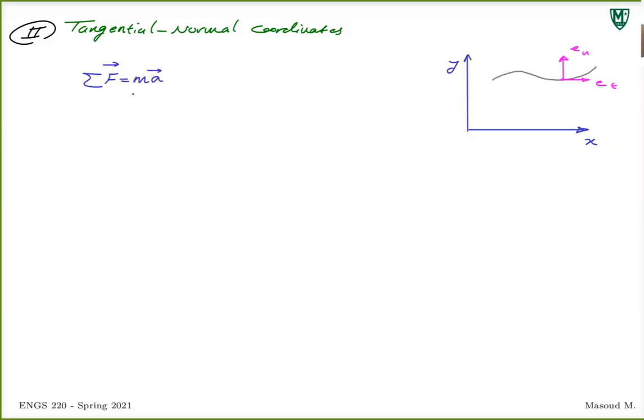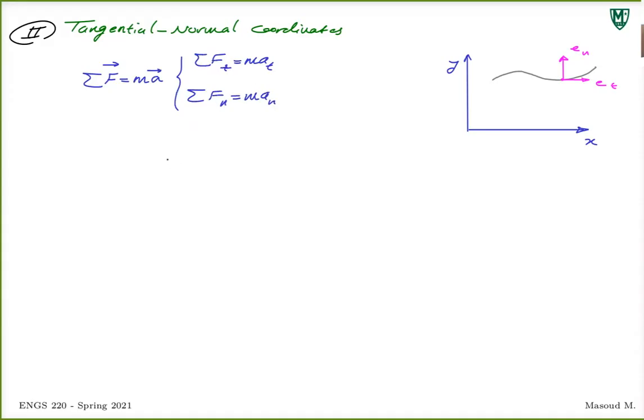Force is a vector, acceleration is a vector. Since we are in the tangent normal coordinate system, now we're going to see two components. Instead of X, Y, Z, we're going to see tangent components and normal components. So summation of forces in tangent direction is equal to MAT, and summation of forces in normal direction is MAN.